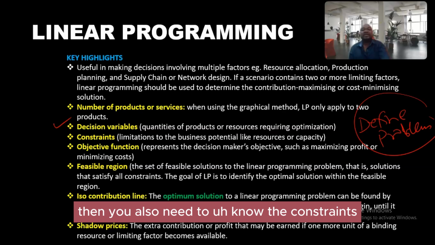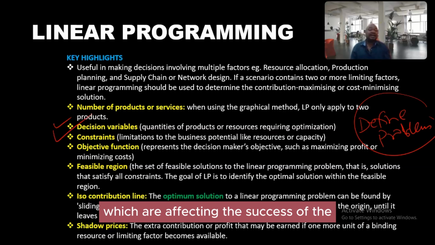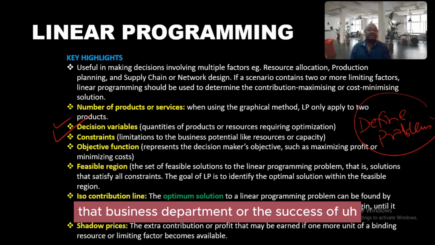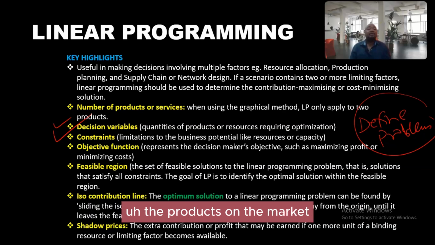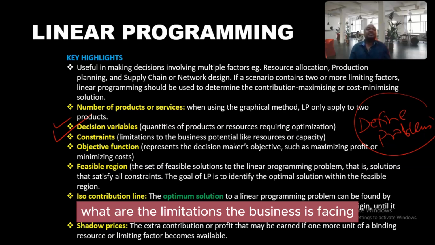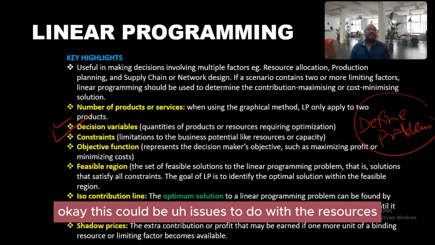Then you also need to know the constraints which are affecting the success of that business department or the success of the products on the market. What are the constraints? What are the limitations the business is facing? These could be issues to do with resources.